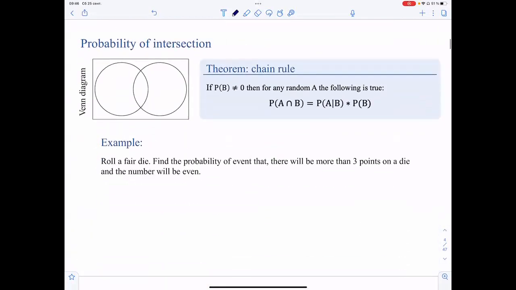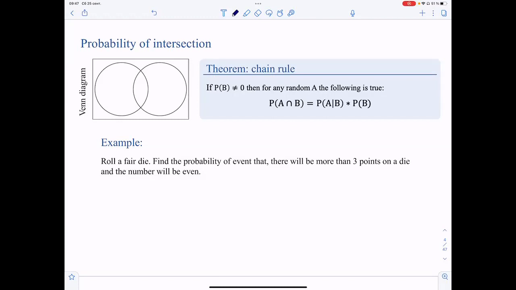Let's move on. The chain formula. The chain rule formula is obviously straightforwardly developed from the conditional probability. What it says is that given you know the conditional probability, you may develop a formula to estimate the probability of the intersection of two events.